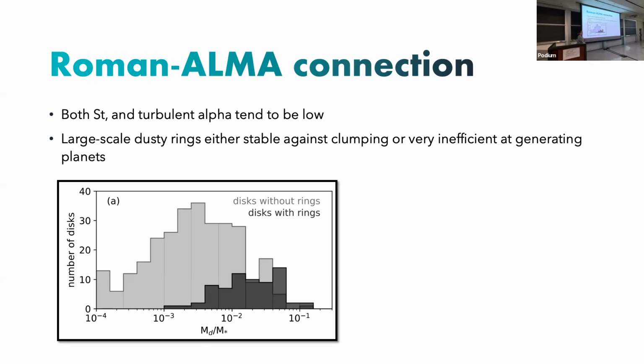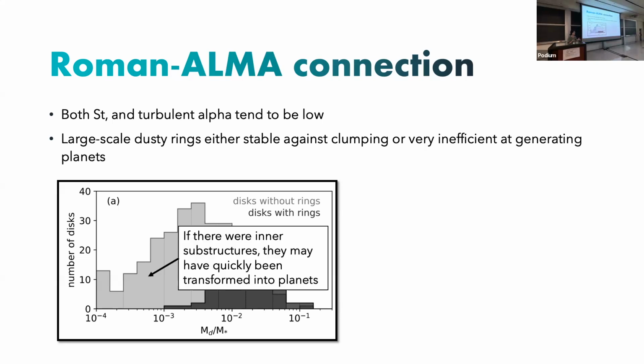If we take a look at more compact disks, we don't really see that. Now, some of this could be observational bias, but this calculation would tell us that maybe this is physical. For these compact disks, even if there were some inner substructures, perhaps they have quickly been transformed into planets, so we don't really see those rings anymore.